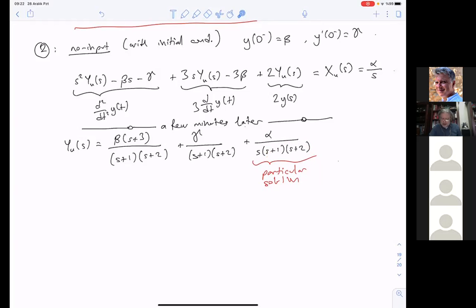But meanwhile, the same denominator of s plus 1 times s plus 2 here and here also appears from the intrinsic initial conditions of beta and gamma as well. So these two terms, actually there are more than two terms, but two clusters of terms coming from the initial conditions are also appearing here, which could be considered as the homogeneous part.